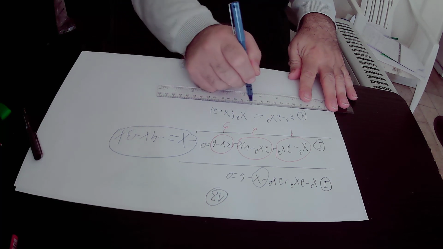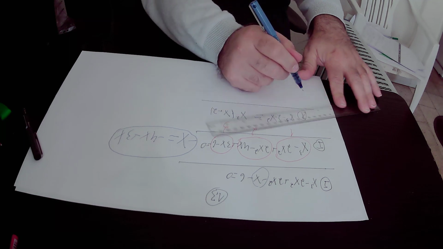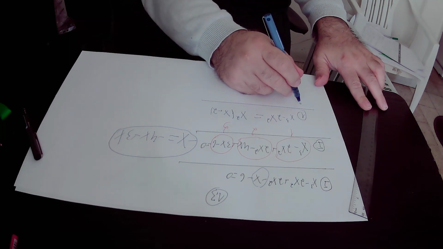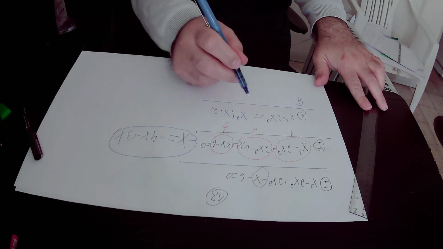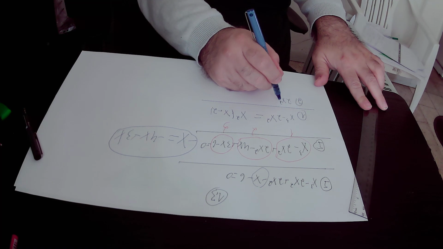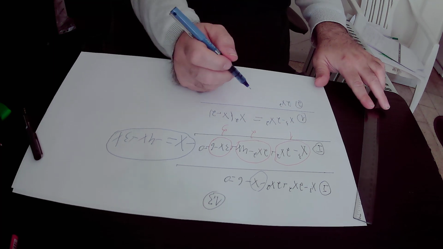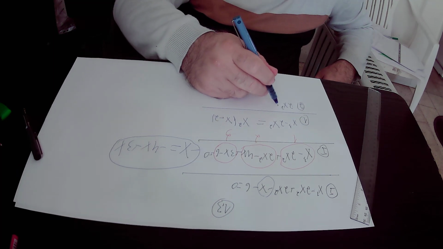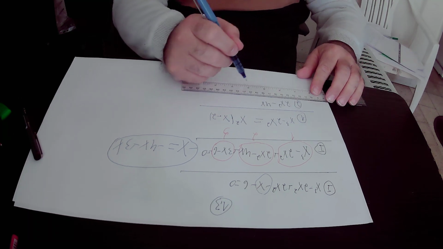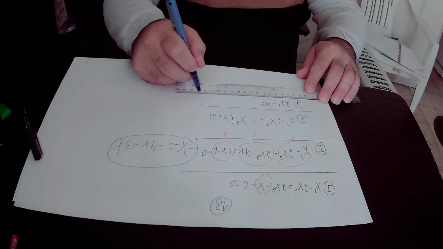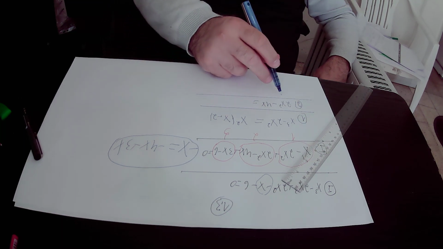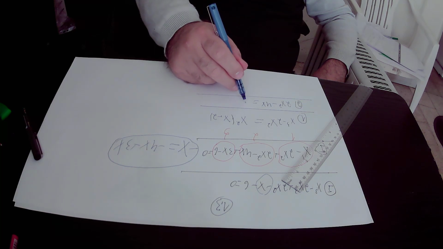We repeat the same process for expression 2. Expression 2 is 2x squared minus 4x, and we will take a common factor of 2x out of this expression.